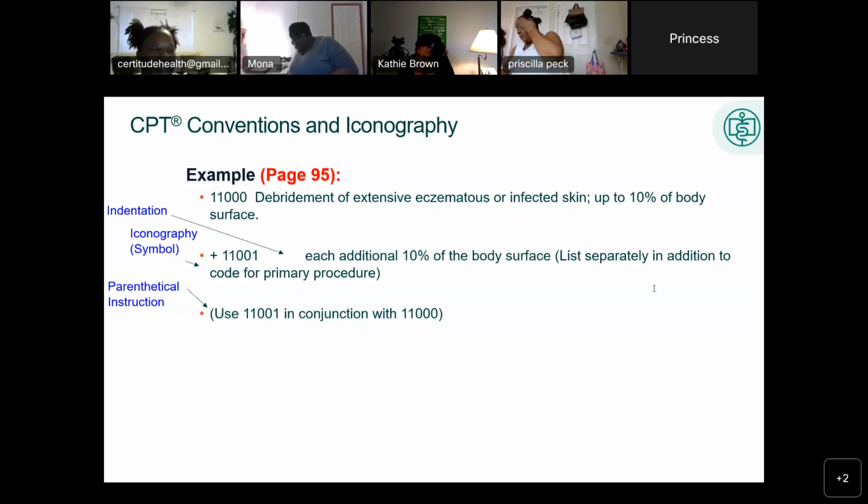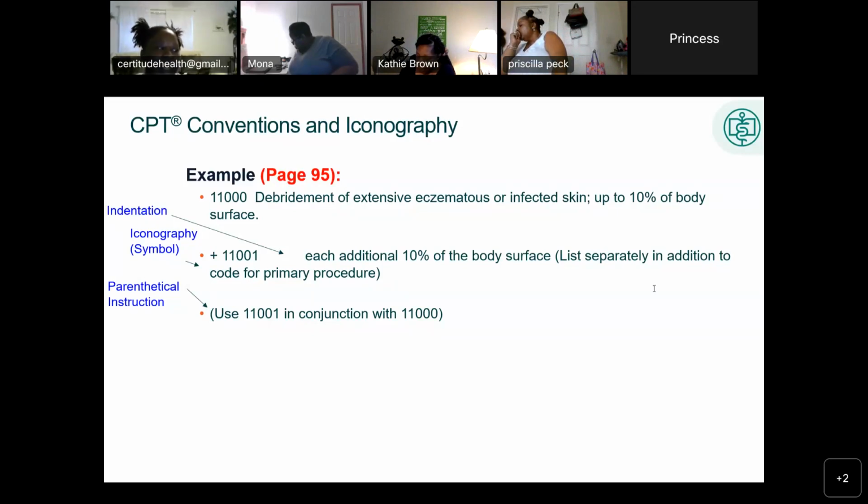But then once it hits 21, 22, then you would need an additional code to represent up to the next 10% of the body surface. But that 11000 will always be the first code.